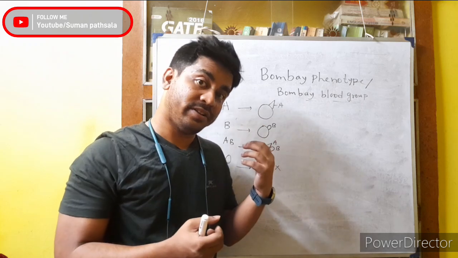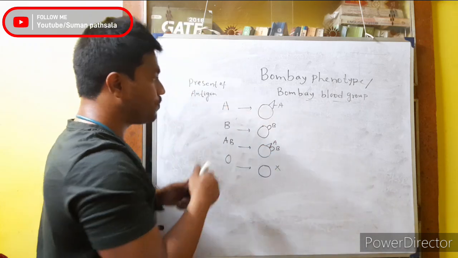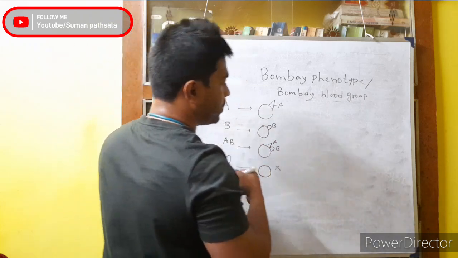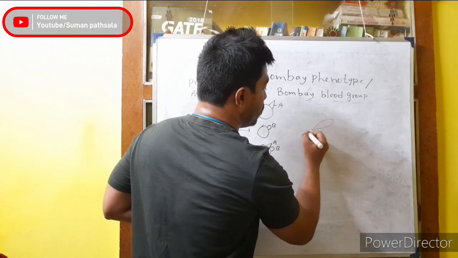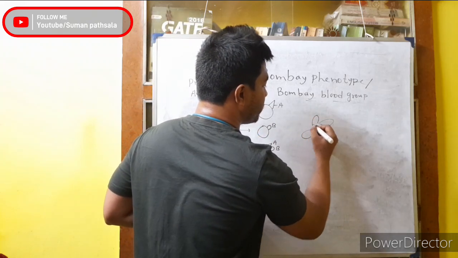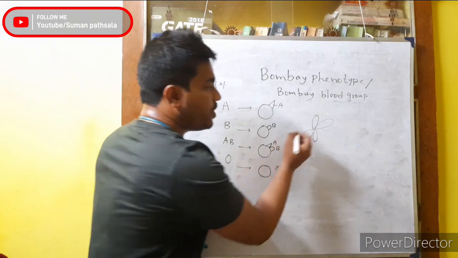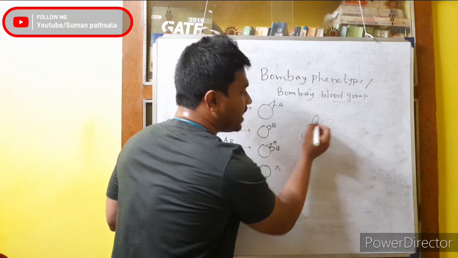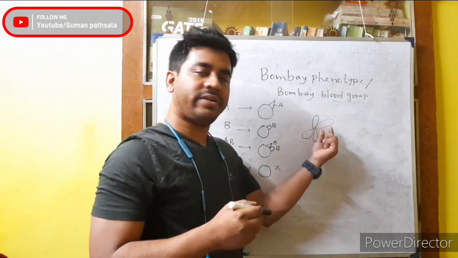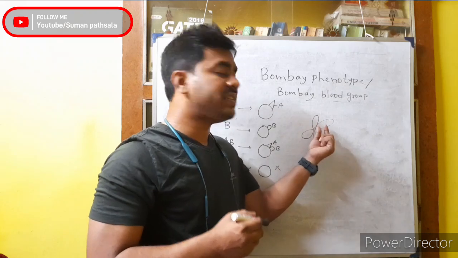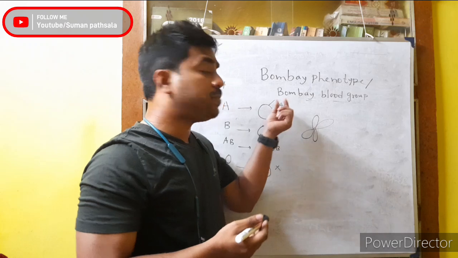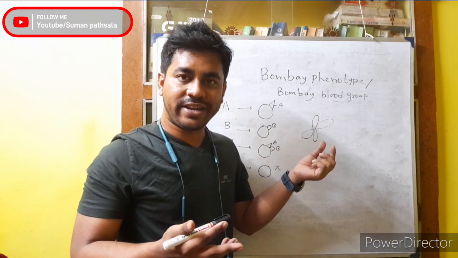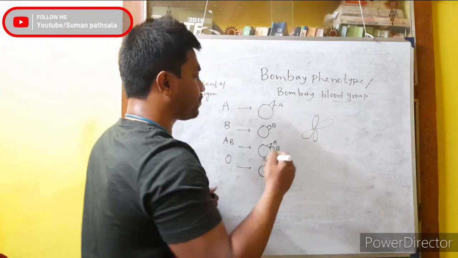So suppose we take the chromosome, and within the chromosome we all know that many genes are there. Many genes are responsible for many characters, and the blood group is also a character.